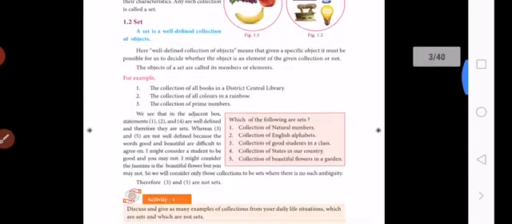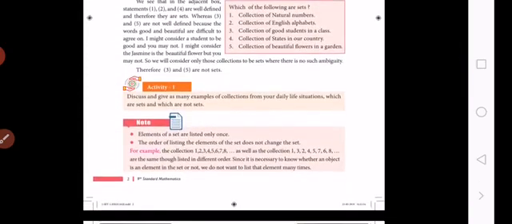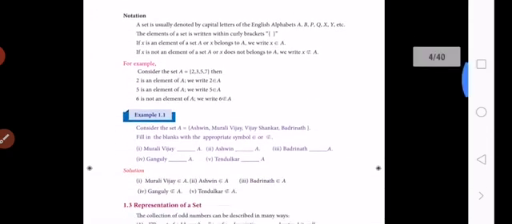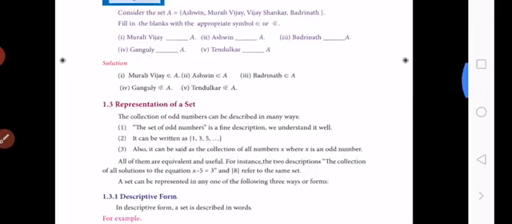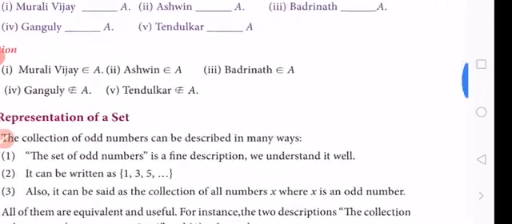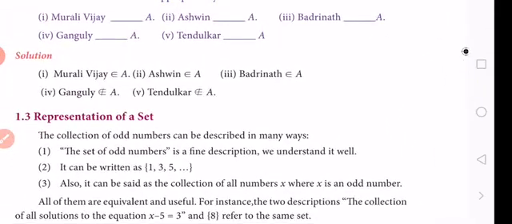Class, we discuss the three types of representation of a set. A set is represented in three different ways.